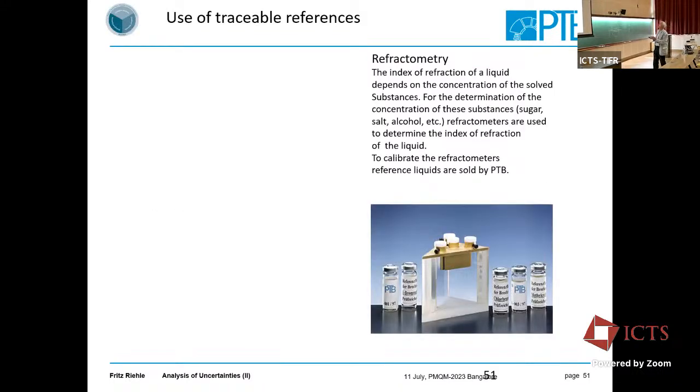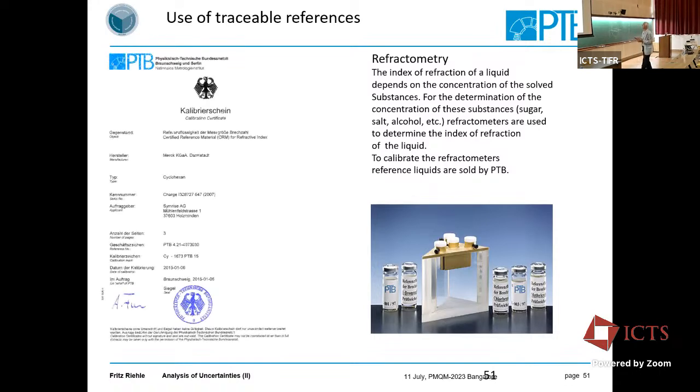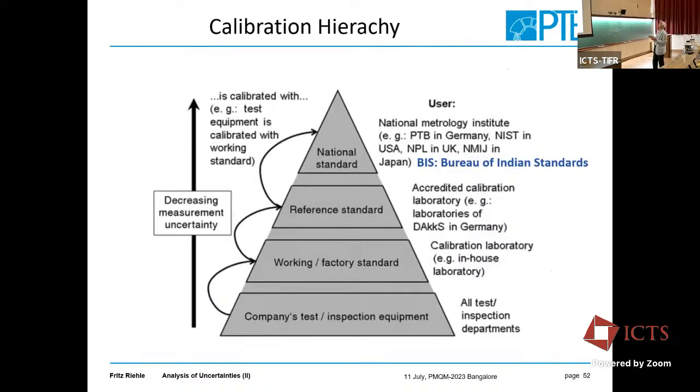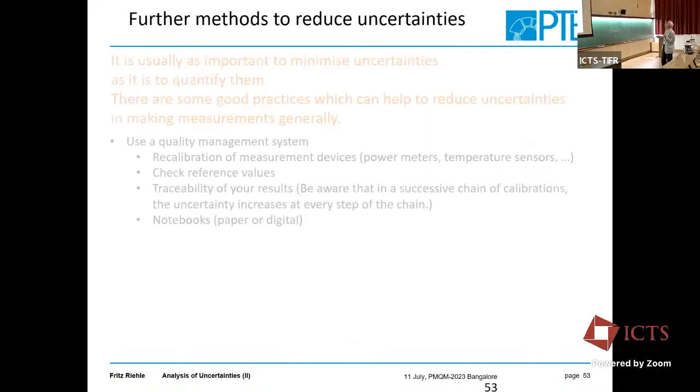You can use traceable references that you could get from the calibration hierarchy, either a National Metrology Institute, okay, Bureau of Indian Standards or so, but still use the one you really need. It makes no sense to go to the BIS and ask for a calibration of a voltmeter with 10⁻⁸ relative uncertainty.